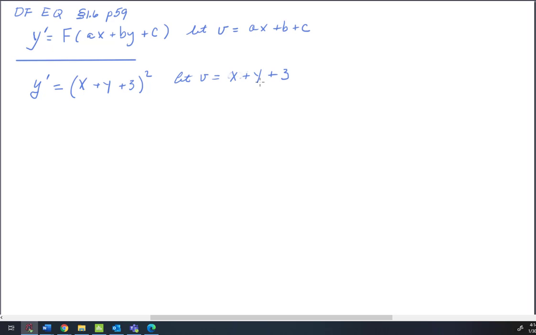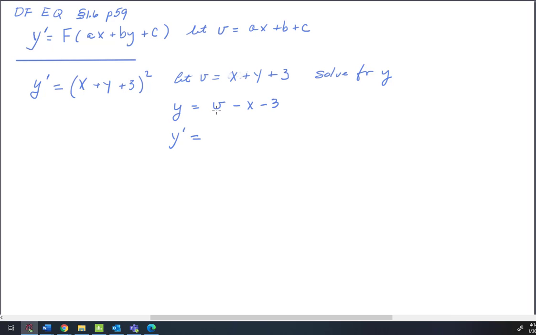Now, let's solve this for y. And I would get y is equal to v minus x minus 3, so that y prime would be equal to, and now here we'd use the chain rule, but you know it works out pretty simple.